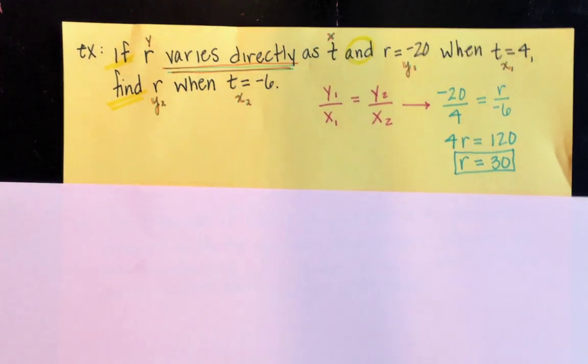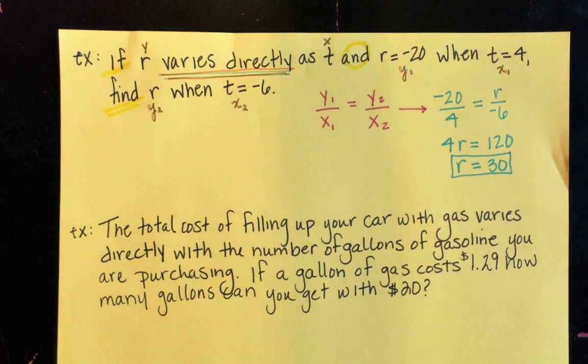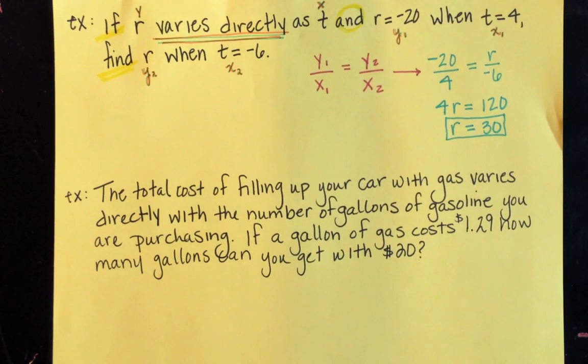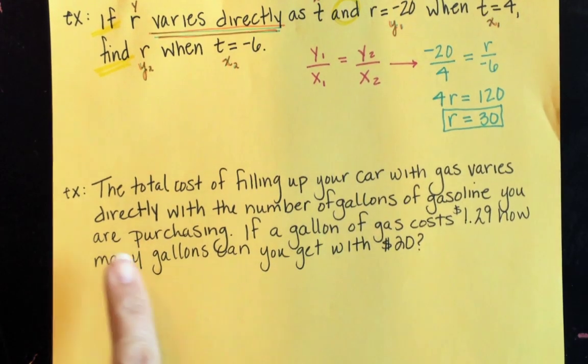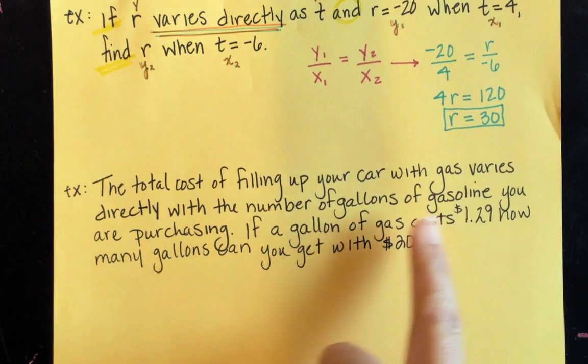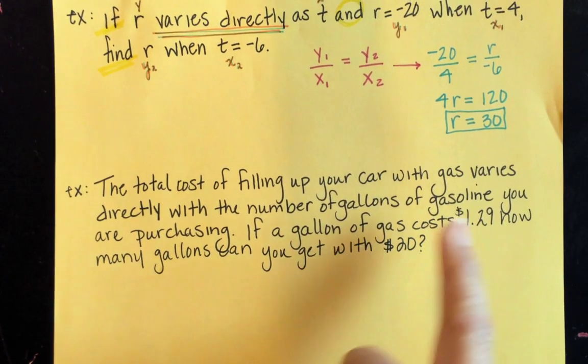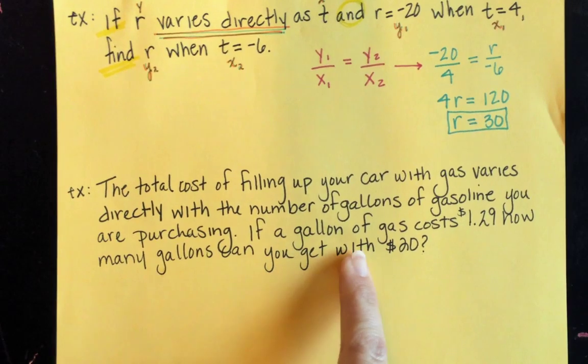So I'm going to give you a second. I looked at something that, for those of us that do or can drive, we're talking about what would happen if a gallon of gas costs $1.29, how many gallons can you get for $20?